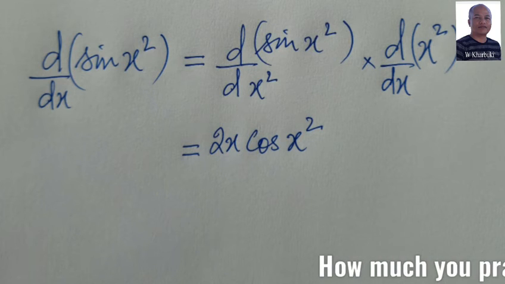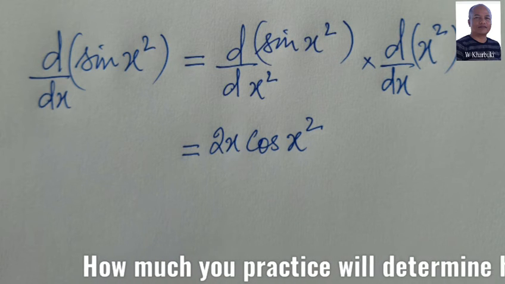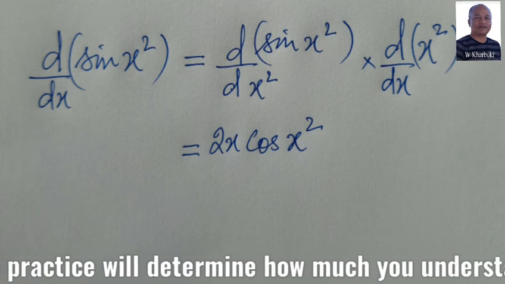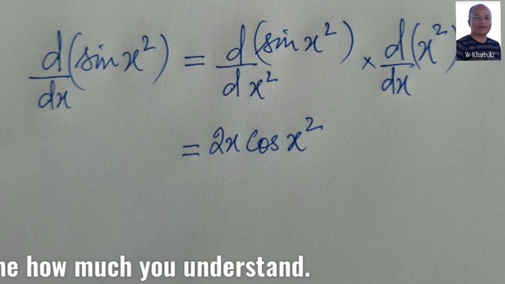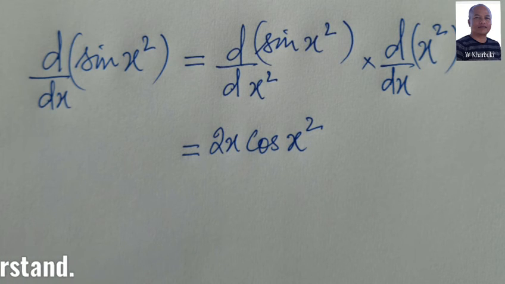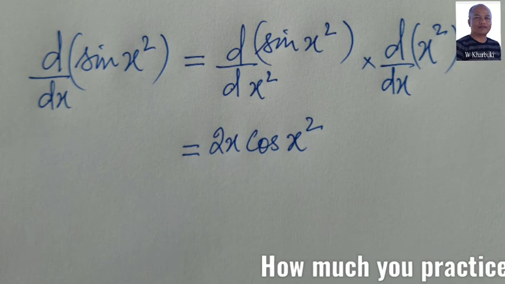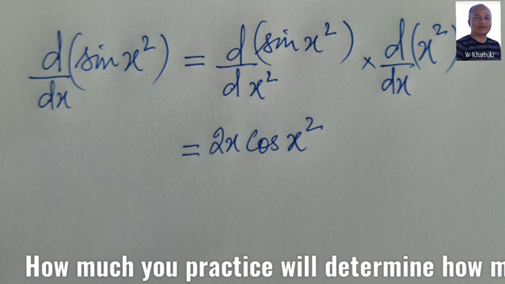So you will be getting 2x cos x squared. Now the derivative of x squared with respect to x is 2x, and the derivative of sine x squared with respect to x squared is cos x squared, because we know that the derivative of sine x with respect to x is cos x. The derivative of sine x squared with respect to x squared should be cos x squared.